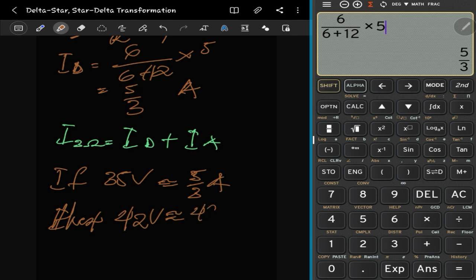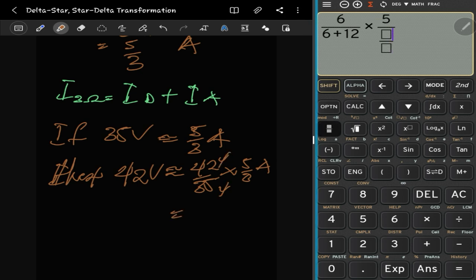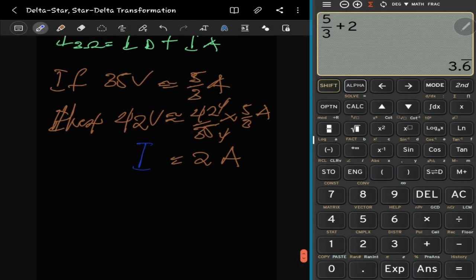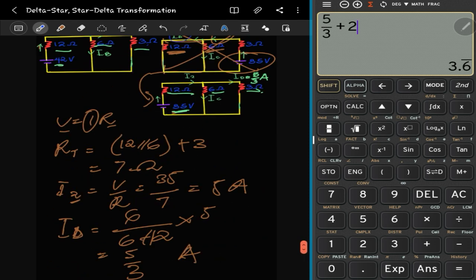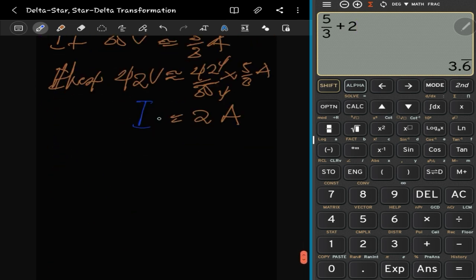So we have 42/35 times 5/3, and that gives us 2 amperes. So this is the 42 volts, and that's the IA. So our IA is this 2 amperes.